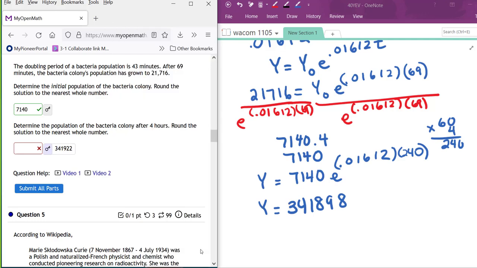And that is a little different than I am here. A few more digits, but let's try to enter that and see if we're okay. So I should have another try. So 3, 4, 1, 8, 9, 8.